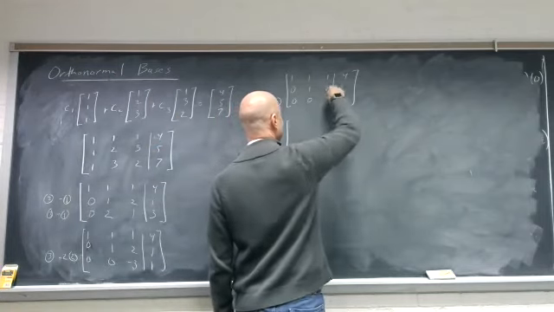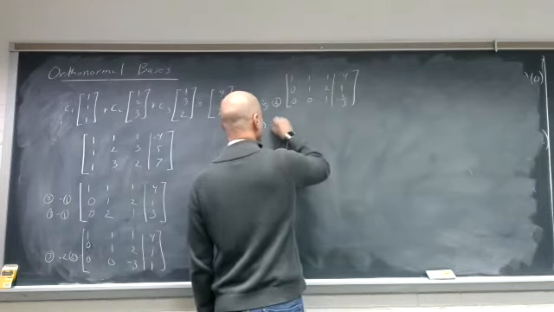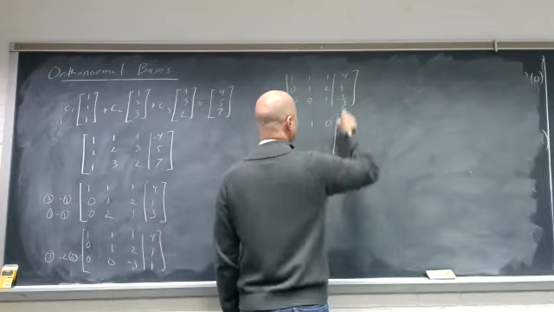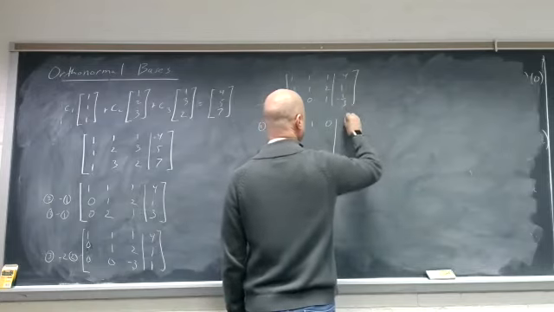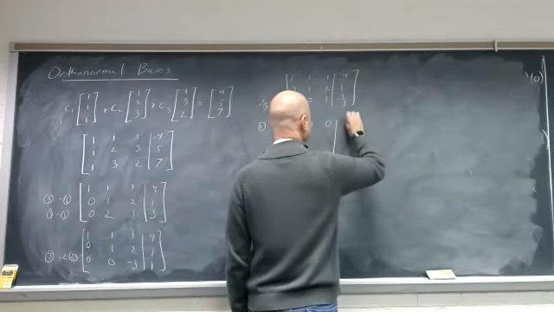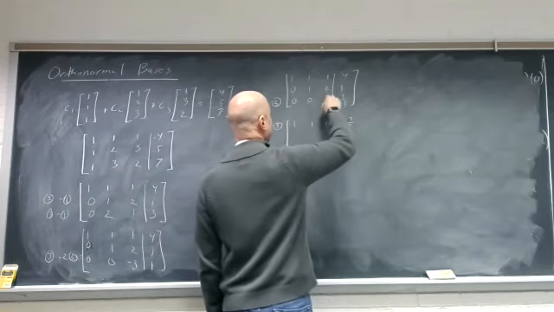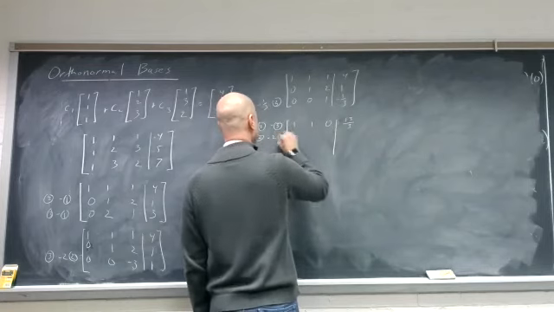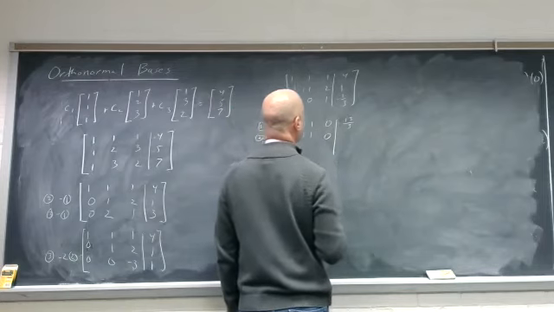Now I have to get zeros here and here. So I can take row 1 and subtract off row 3. So 1, 1, 0. So that's 12/3 plus 1/3 is 13/3. I can take row 2 and subtract off 2 times row 3. That's 0, 1, 0.